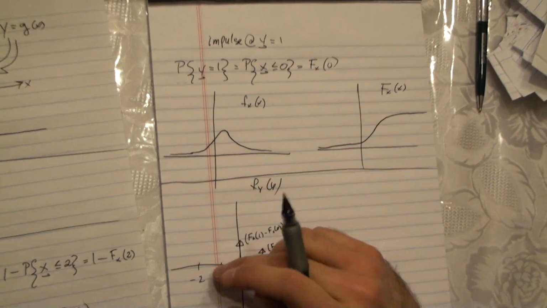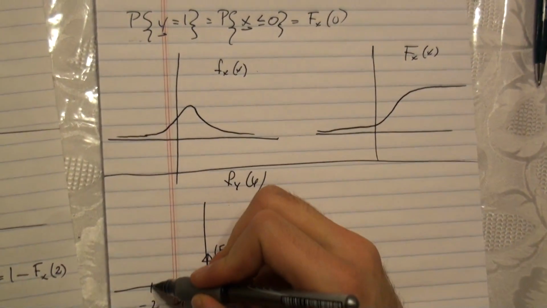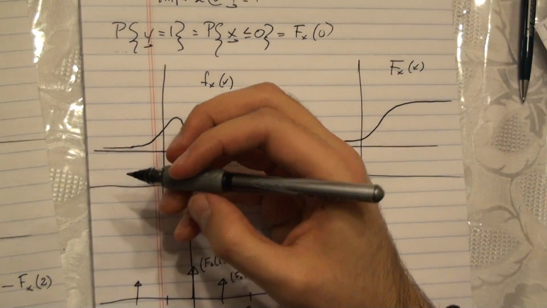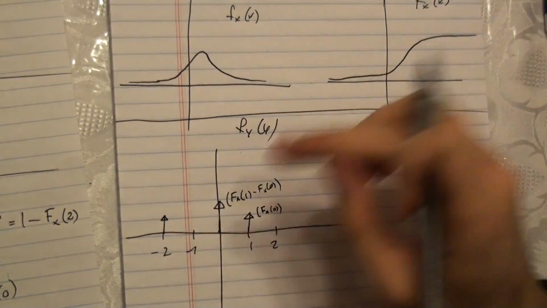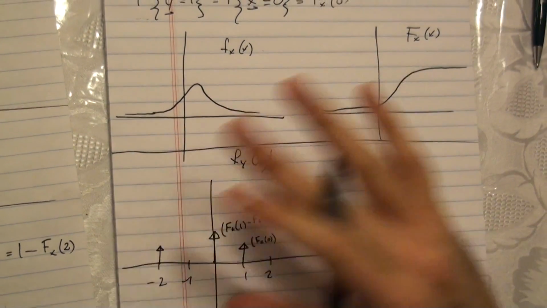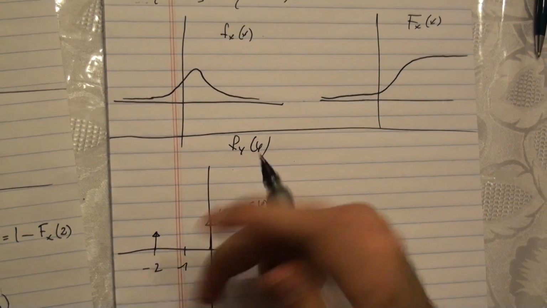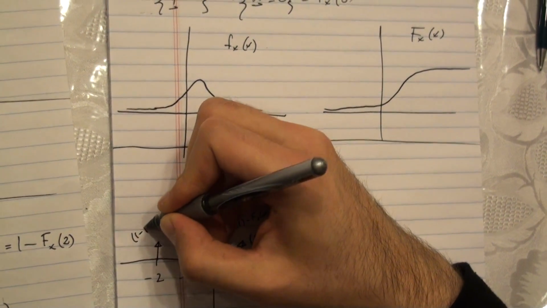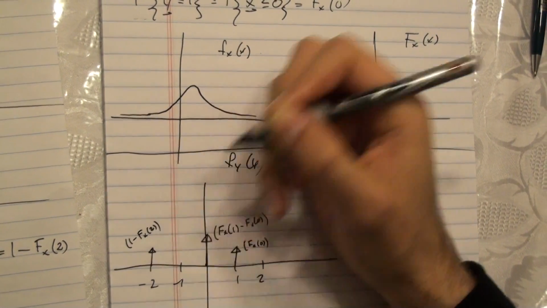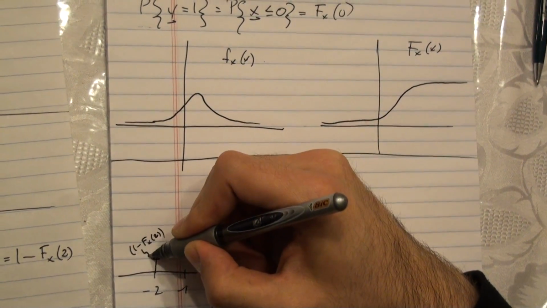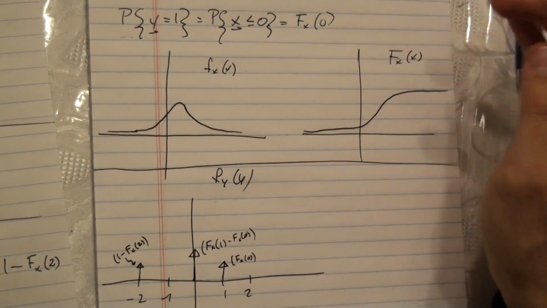And finally, we have our impulse at -2. And by the way, these heights, as I said, we're not sure exactly, so they're sort of iffy. The weight of this guy is 1 minus big F of x of 2. It's the weight of that guy.